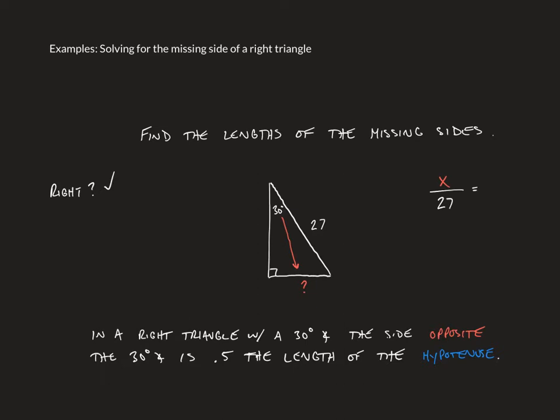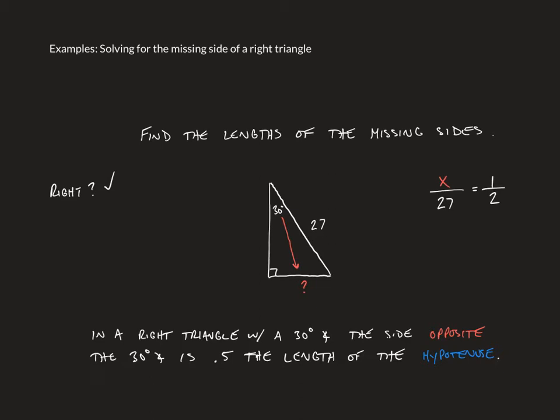But I need a value to compare this to. I know that in every other situation I've encountered with all right triangles, in this situation with a 30-degree angle, this relationship is equal to 1/2. And so now I can use this to solve in this situation.